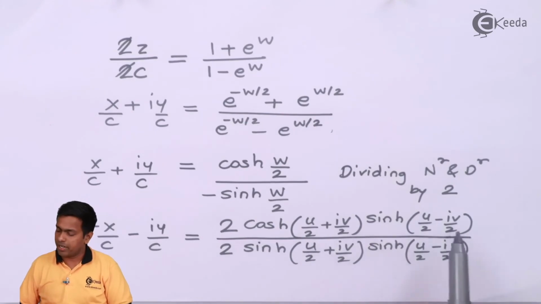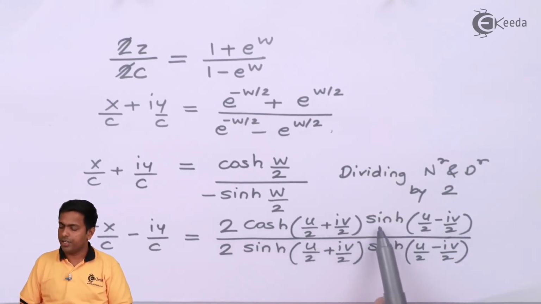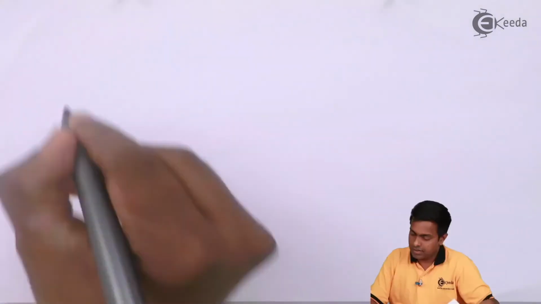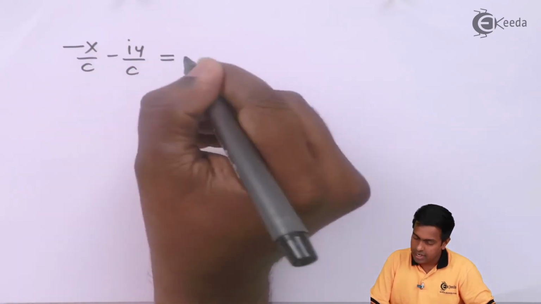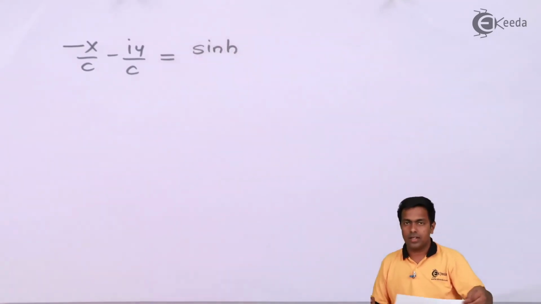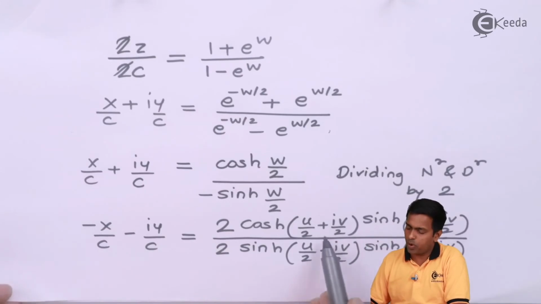Now, in the numerator, we got the formula of 2 hyperbolic cos theta into, or I would say this as a and this as b. So 2 hyperbolic cos a into hyperbolic sine b. So this is minus x by c minus iy by c as it is. And for that, we'll write down the formula, which is hyperbolic sine of a plus b. So it means we have to add these two angles.